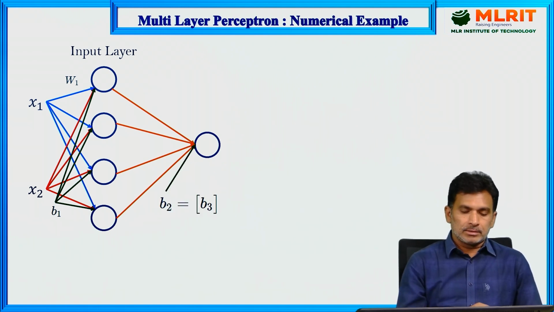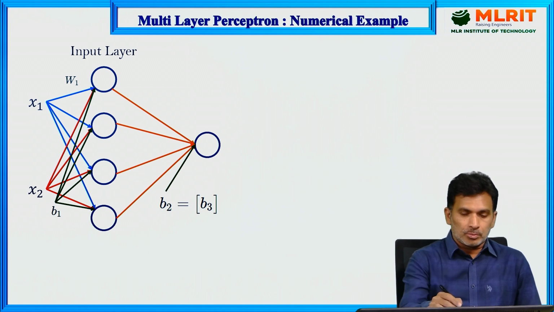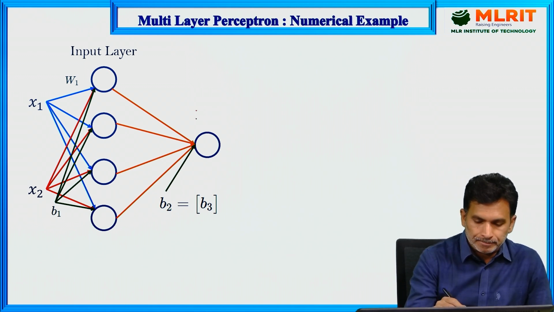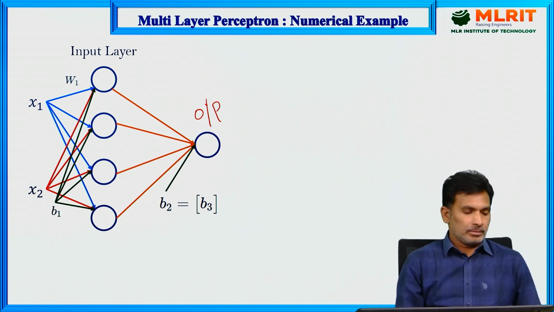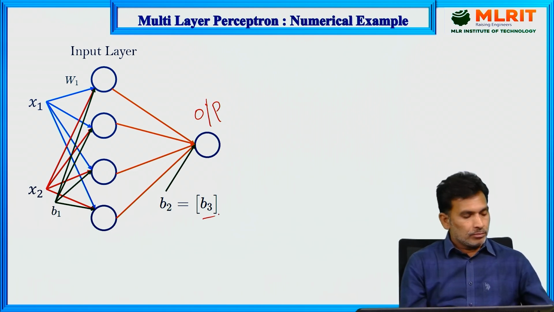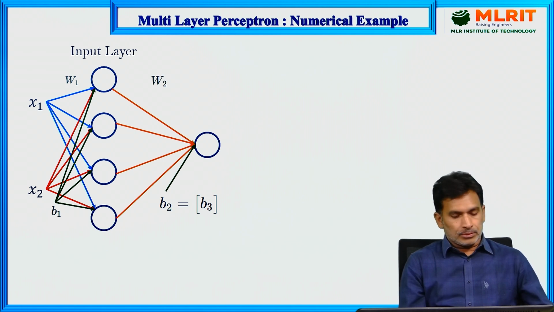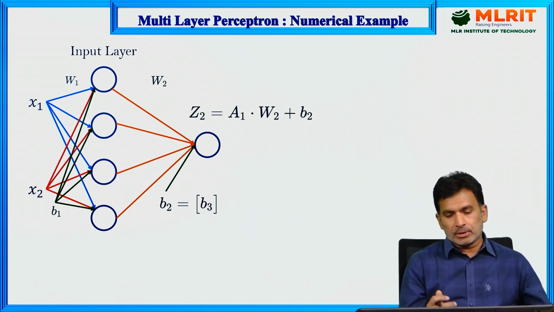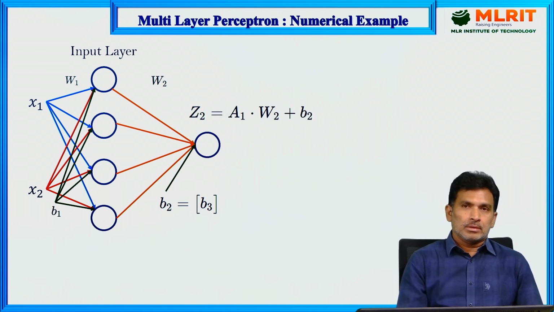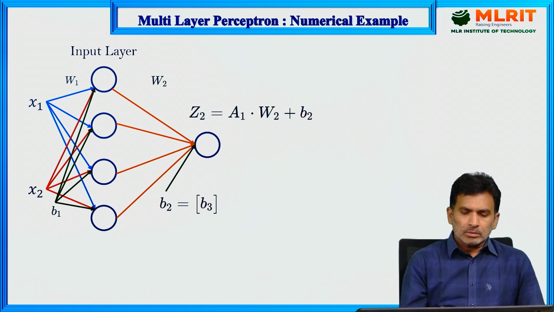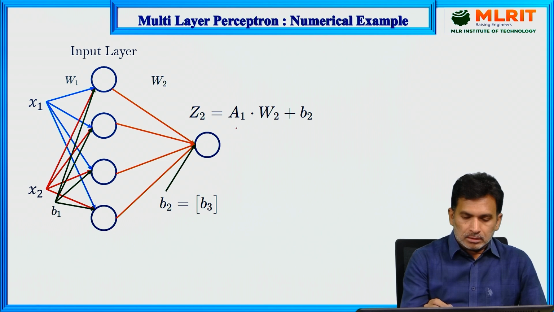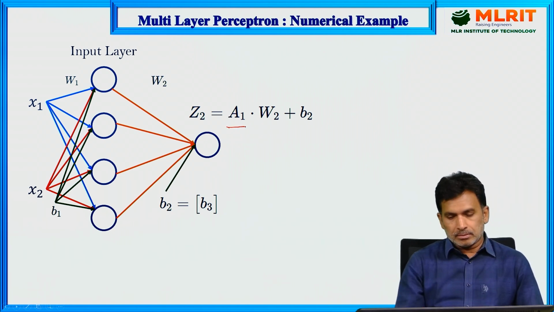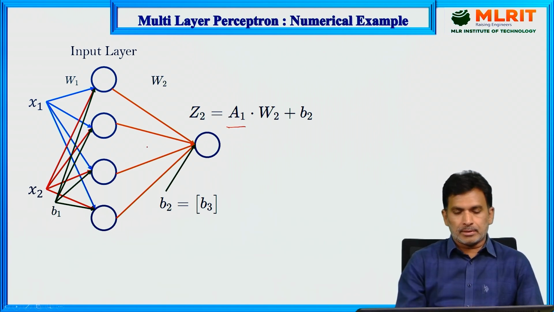Then we also need to add the bias term. This is the output layer, and it has only a single neuron, so it will take only one bias. Next we calculate Z2, the pre-activation: A1, the output produced by the input layer, multiplied by W2 as a weighted sum, plus the term b2. So we get Z2.